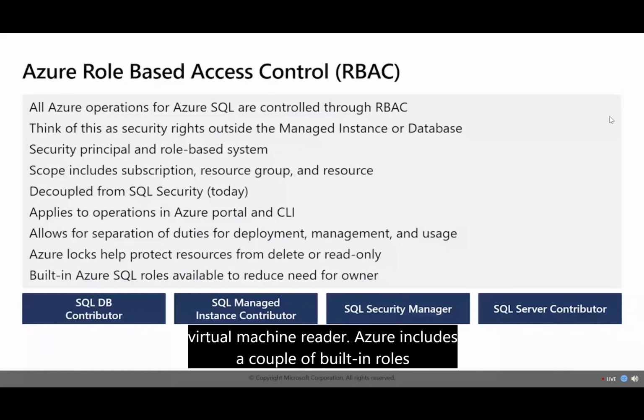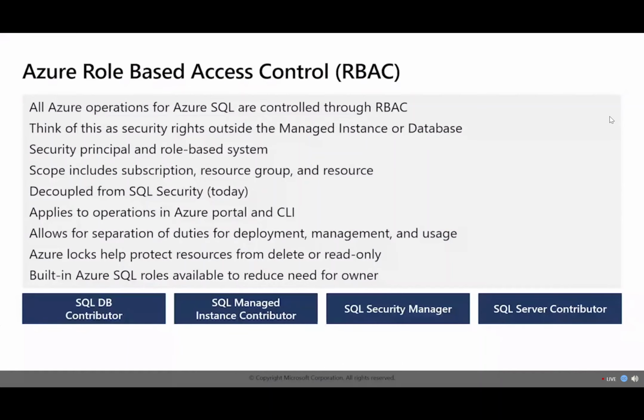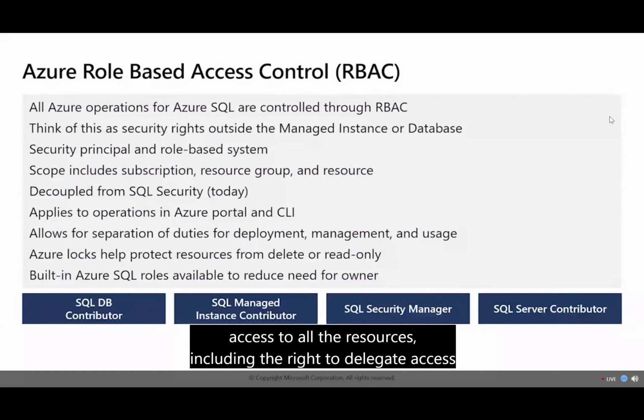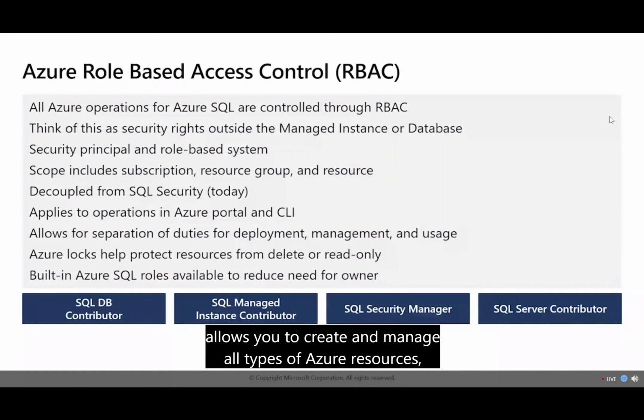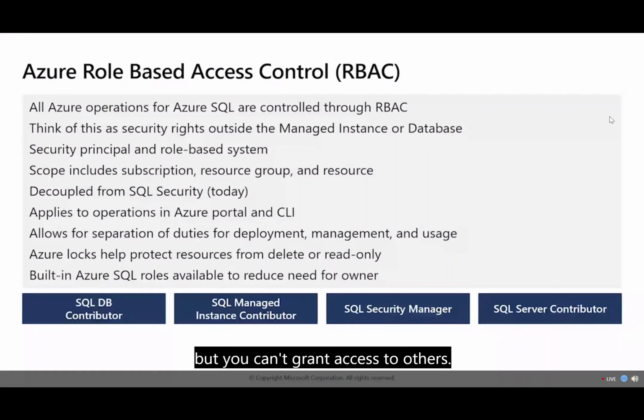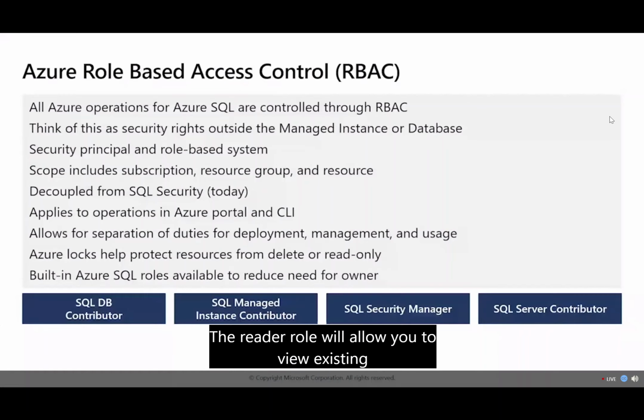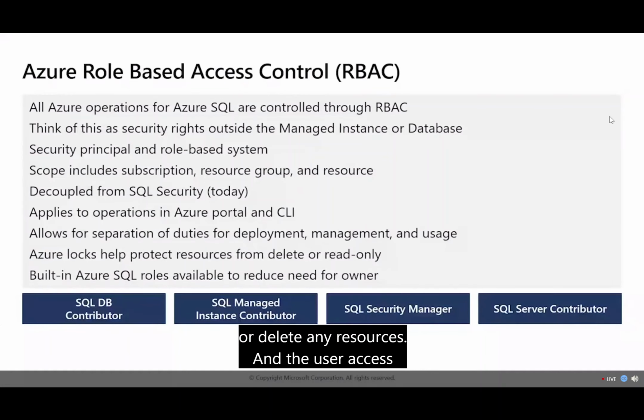Azure includes a couple of built-in roles that you can use. So the owner role has full access to all the resources, including the right to delegate access to others. The contributor role allows you to create and manage all types of Azure resources, but you can't grant access to others. The reader role will allow you to view existing Azure resources, but you can't modify, update, or delete any resources.